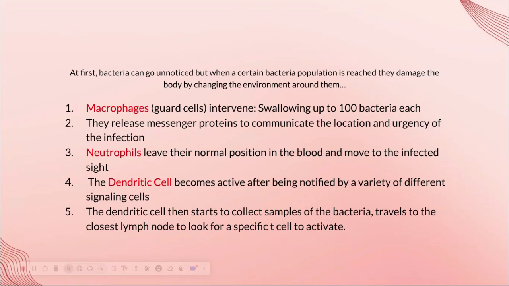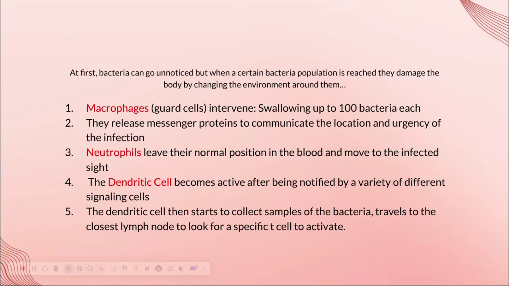And next, the dendritic cell becomes active after being notified by either PAMPs, which are pathogen-associated molecular patterns, or DAMPs, damage-associated molecular patterns, inflammatory mediators, cytokines, or cellular stress molecules. And the dendritic cell starts collecting samples of the bacteria and covers themselves in it, and these decide whether to send antivirus forces or antibacteria forces.